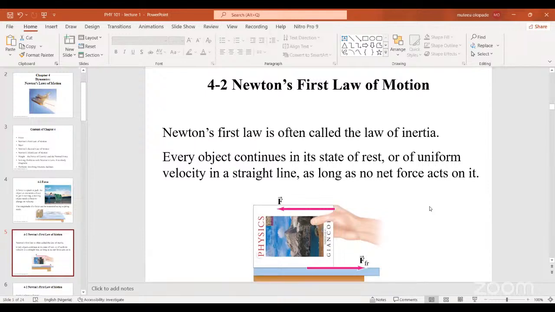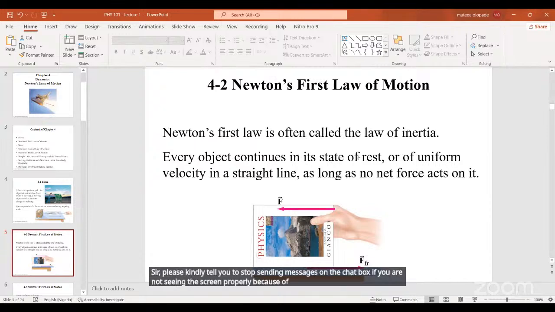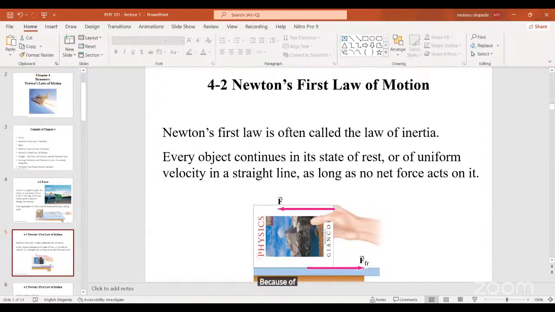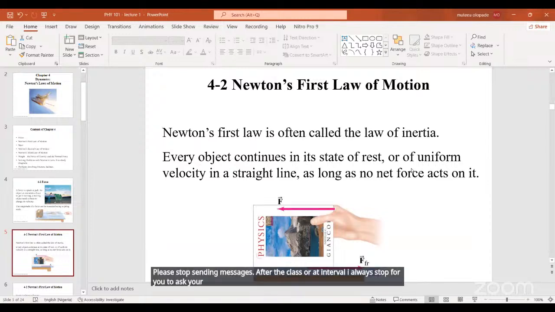Mesoma, what do you want? Please, can you tell them to stop sending messages on the chat box? We are not seeing the screen properly because of the messages. Those of you sending messages, please stop. You can mute notifications. After the class or at interval, I will always stop for you to ask your questions.